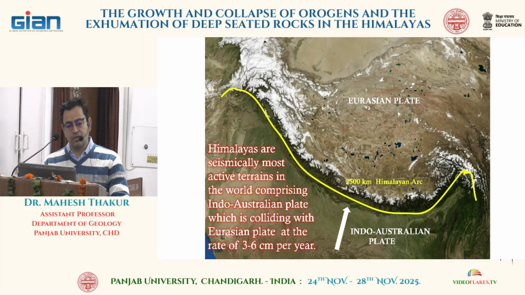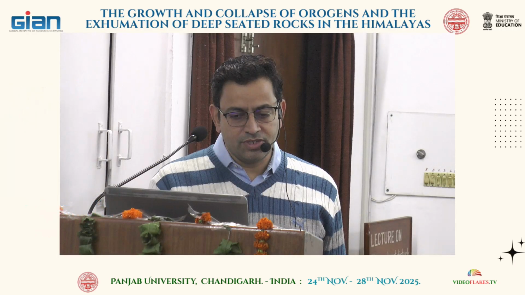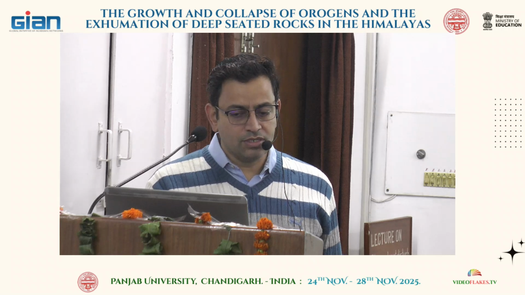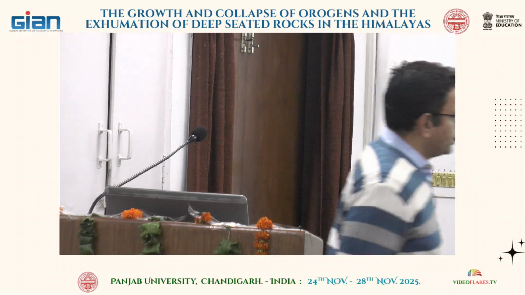This diagram shows that the major thrusts in the Himalayan belt are dipping towards north. Most of the work which we have done in this area is concentrated along the Himalayan Frontal Thrust, which is very close to the Shivaliks.